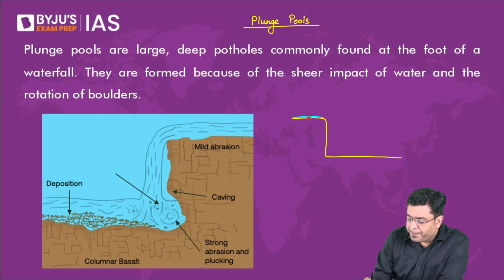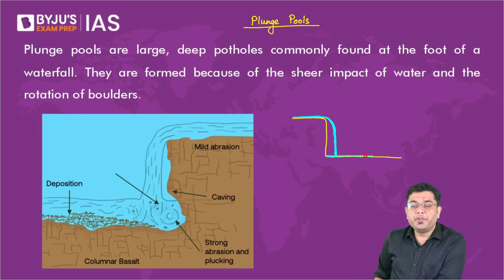Now this river, as you would have observed in the case of a waterfall, this river will fall here. Right? And then eventually the water will start flowing. That is what you observe in the case of a waterfall. But as this water is consistently falling here, this water will create some pressure here at the base where it is falling.